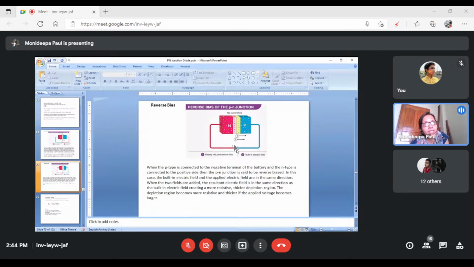Then we apply the voltage, and the resultant electric field is much greater than the built-in field. So the depletion region will increase and offer higher resistance to the flow of current. Therefore, we can't get current in the external circuit.